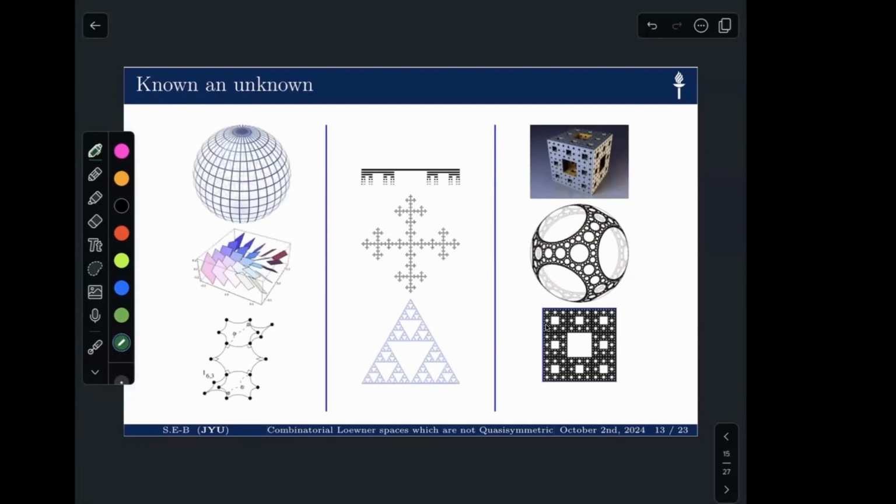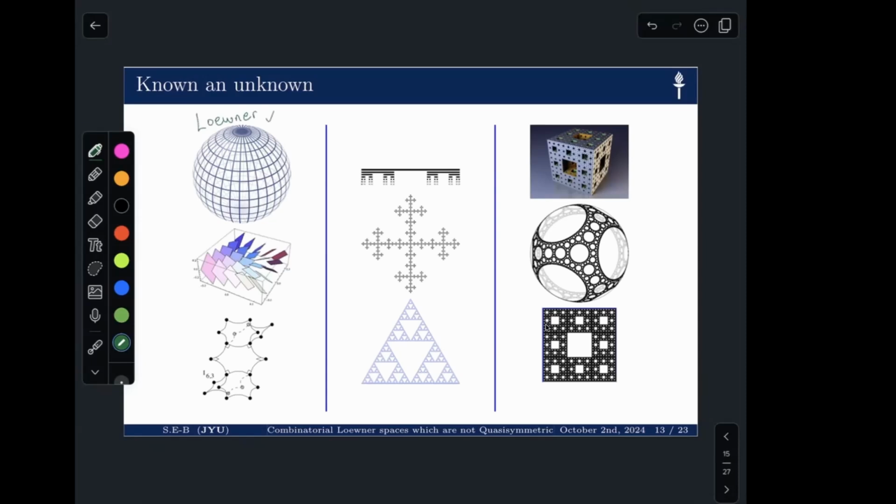I mentioned Heinonen's conjecture, but even in most practical cases, we don't understand them. So I show here three columns, and this is a caricature of our state of knowledge before this summer. On the left are spaces where we know that they are Loewner because we have given them a Loewner metric.